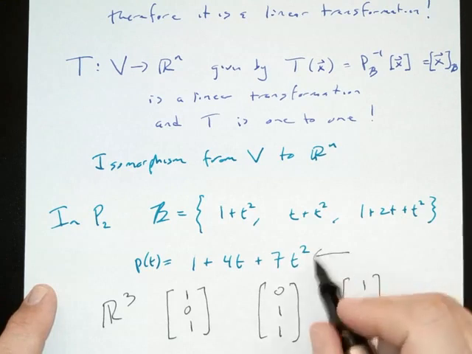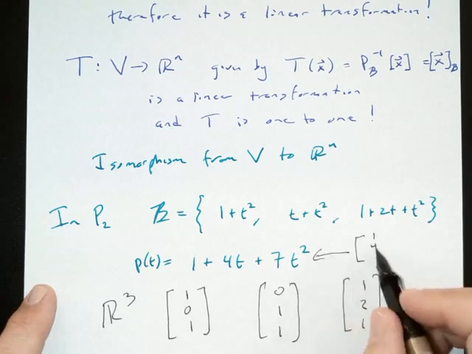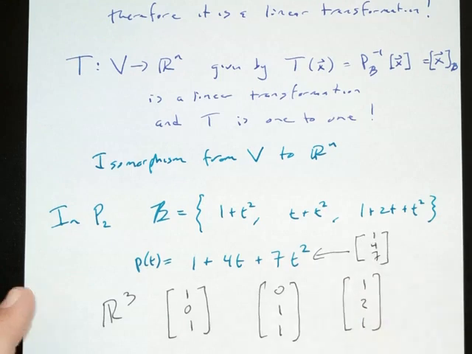And the standard coordinate vector for this is going to be 1, 4, 7. Instead of bothering to set up the equations in P2, I'm just going to set up the equations in R3.